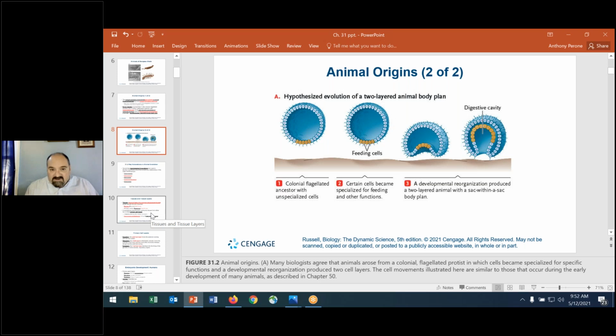Here we have all these cells present, multicellular, and cells that become specialized with certain functions. Then there's developmental reorganization, so that there are different spaces present within this organism.